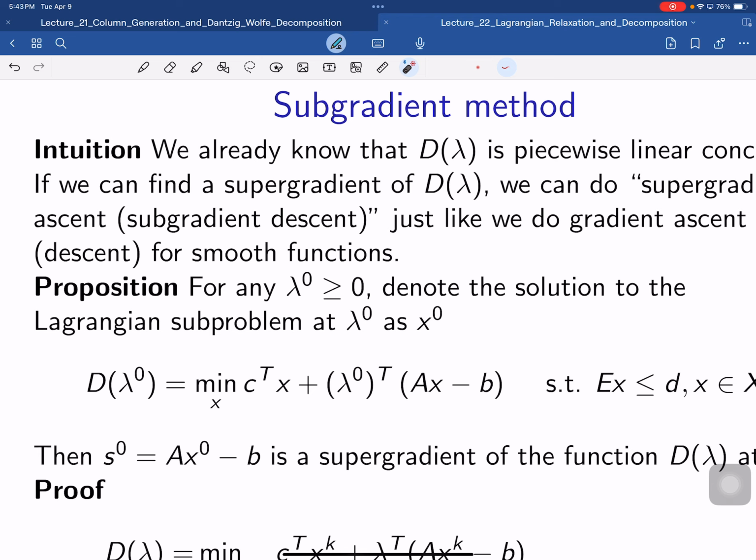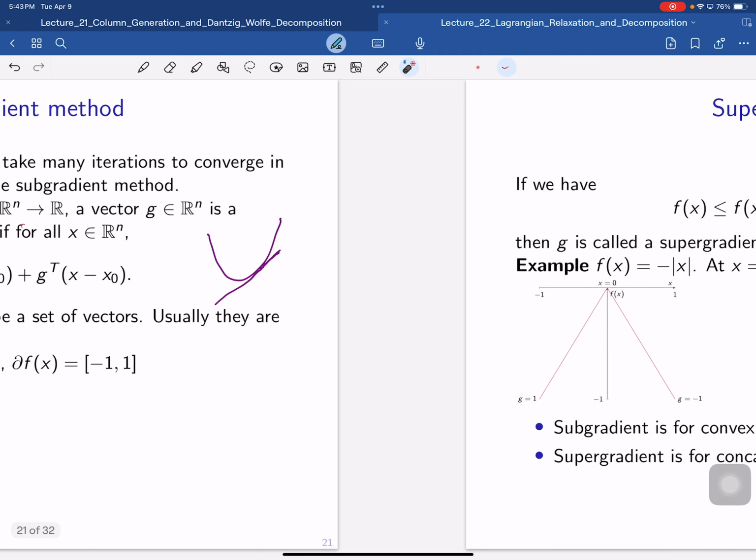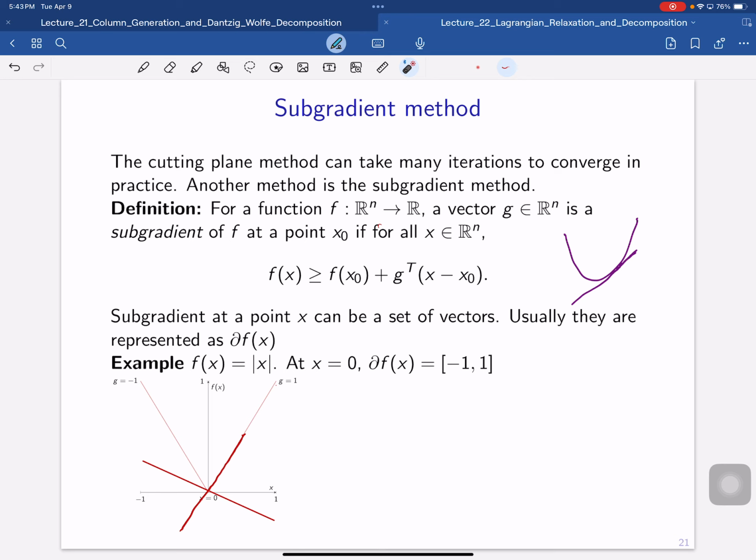Yes? I still don't understand what subgradient physically means. Okay, yeah. Physically, you can think about it this way: if the function is smooth, the gradient is like the maximum increase direction. But if the function is non-smooth, you don't have that.